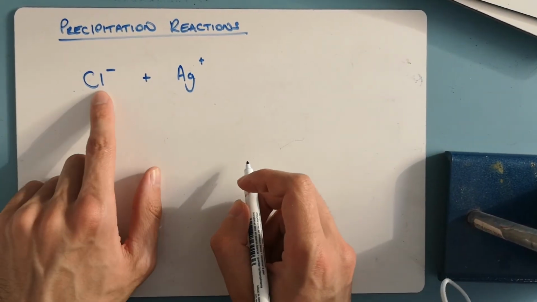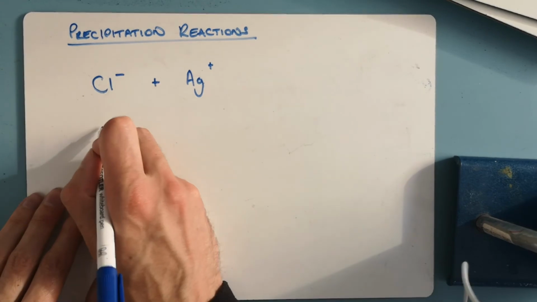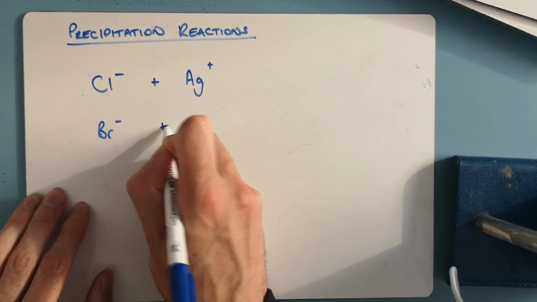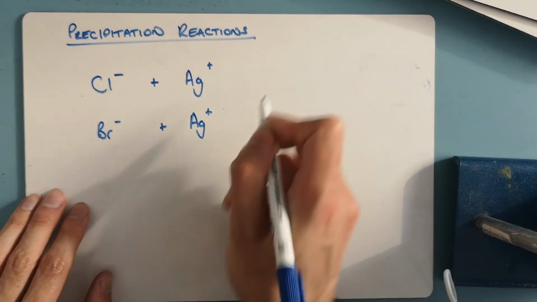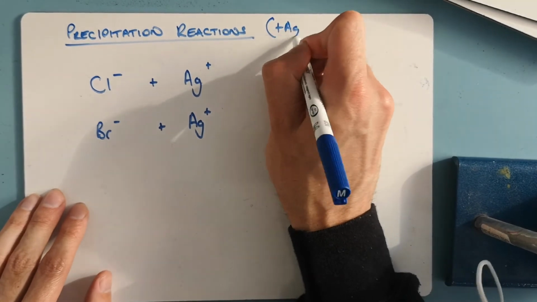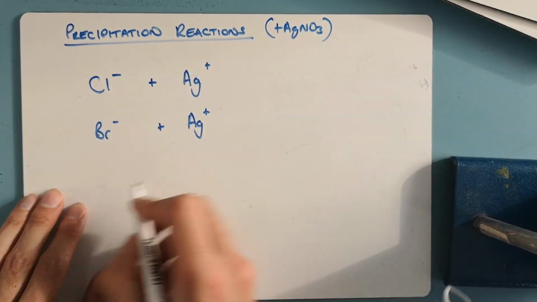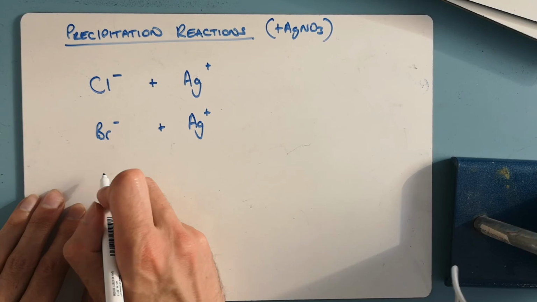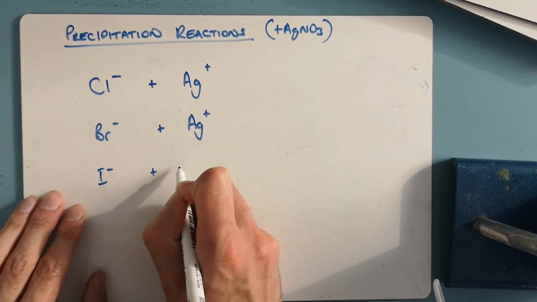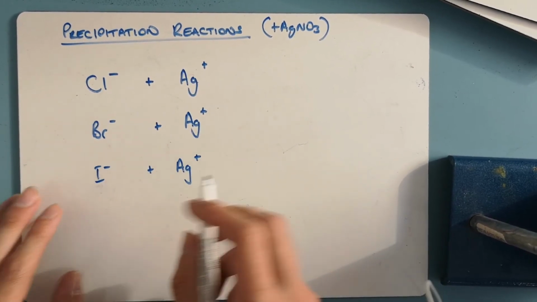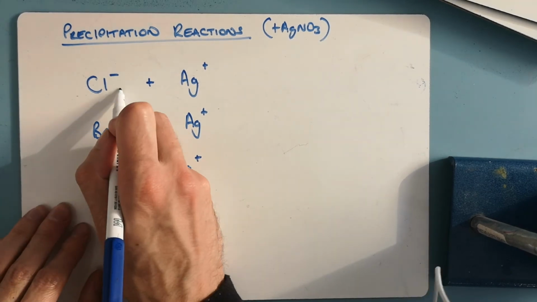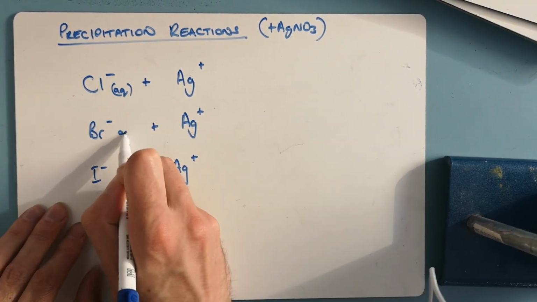So we're going to react chloride with silver, bromide with silver. Just make a note up here that silver nitrate is the compound we use here. Bromide with silver and iodide with silver. We get 3 different products. Now, at this stage, they're all aqueous.